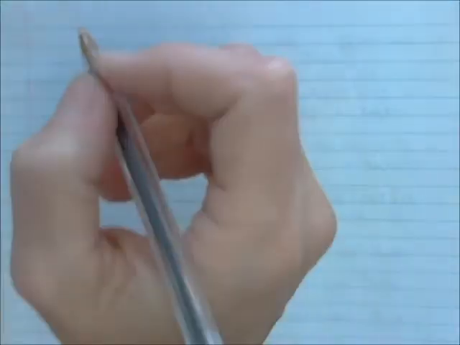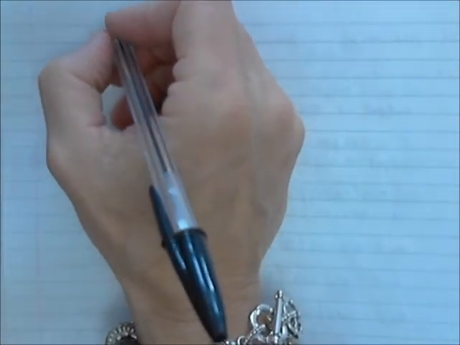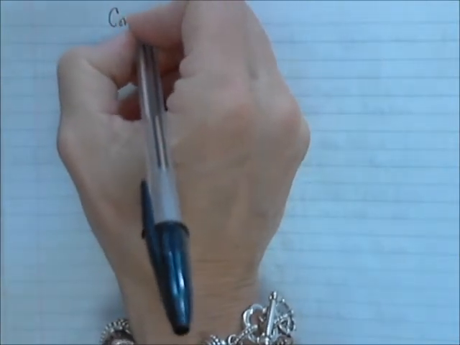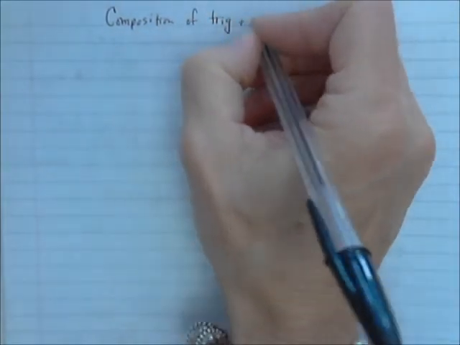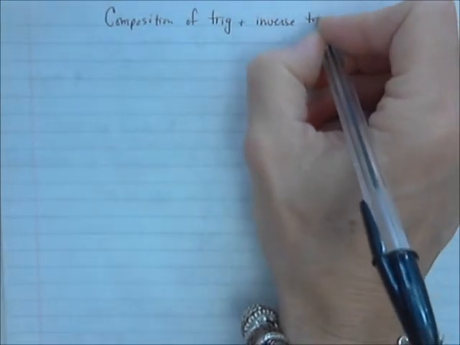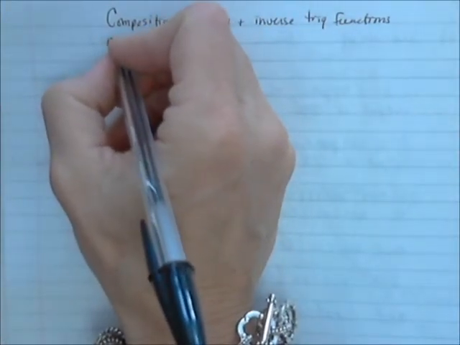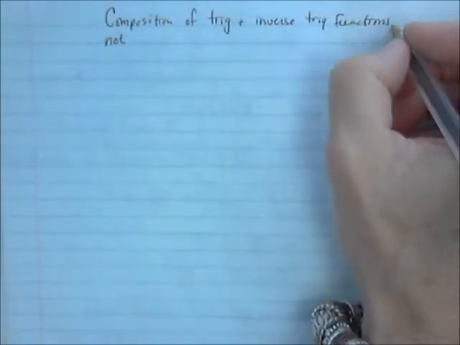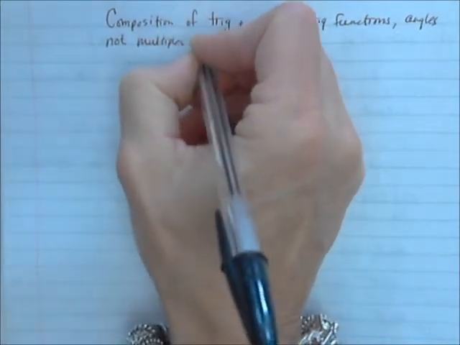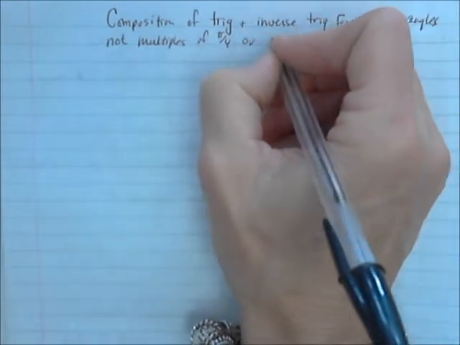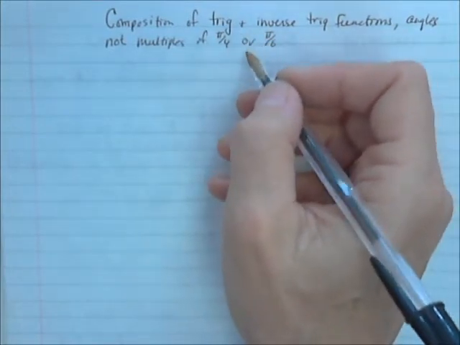I'm going to wrap up chapter 4 now with doing some composition of trig and inverse trig functions, with angles that are not multiples of pi over 4 or pi over 6, which means all of the special angles that we've been talking about, pi over 6, pi over 3, pi over 4, all of those multiples.